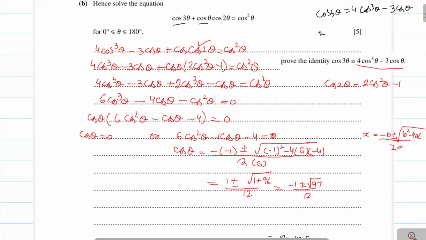Now we can write cos theta equal to minus 1 plus square root 97 over 12. And next, cos theta equal to minus 1 minus square root 97 over 12.